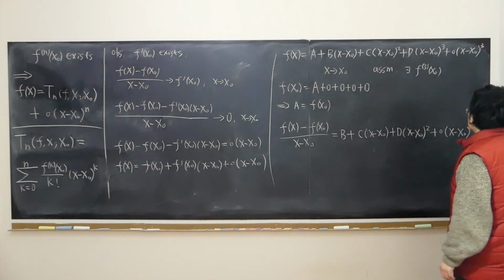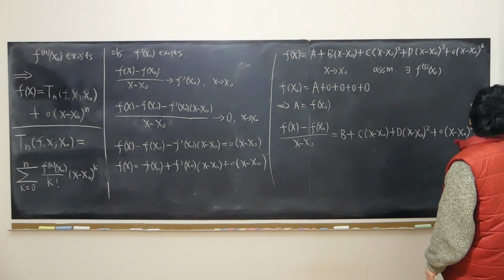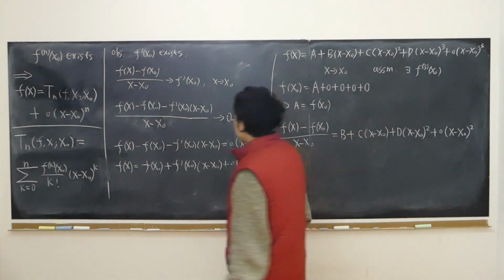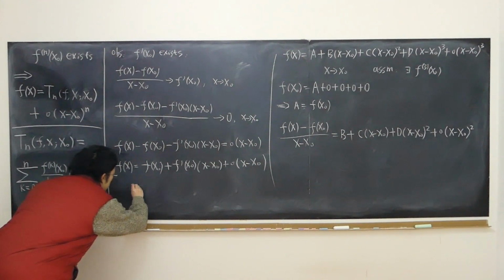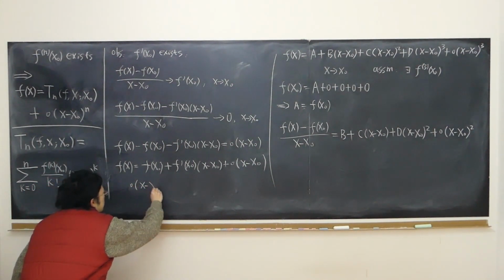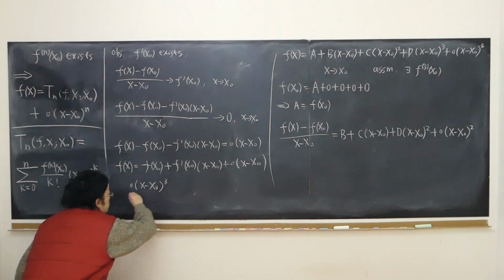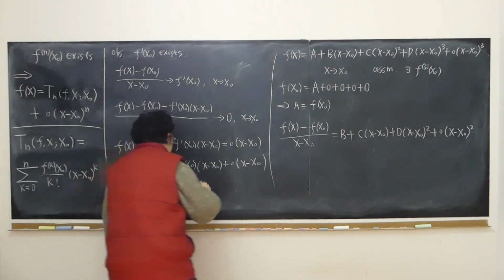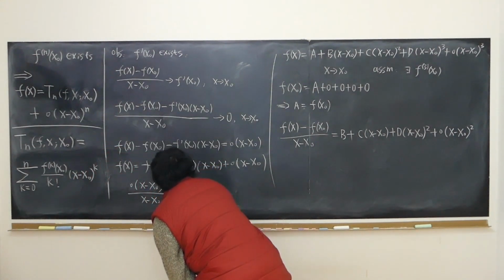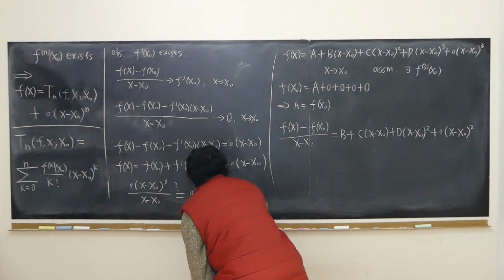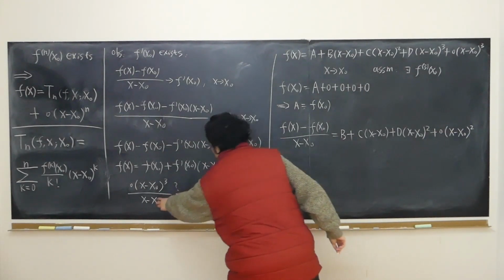Let's just quickly show that little omicron of (x minus x naught) to the power of 3, after being divided by x minus x naught, can be written as little omicron of (x minus x naught) to the power of 2, just like doing normal division.